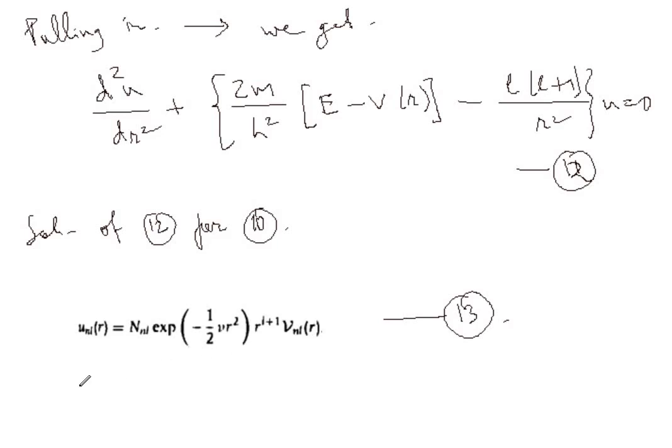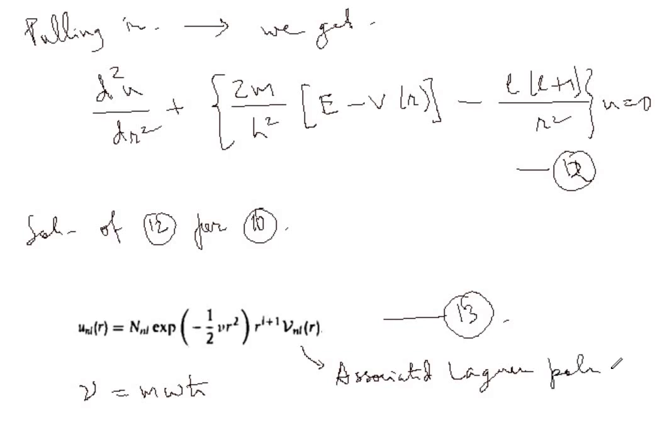Now here, nu is equal to m omega over h cross, and this v nu l is associated with the Laguerre polynomial.